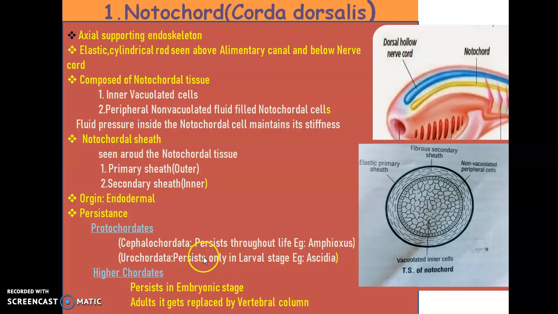Which means as this urochordate becomes adult, we cannot see that particular structure. While in the case of higher chordates or vertebrates, they persist only in the embryonic stage, which means that when they become adult, this particular structure is replaced by another structure that is called the vertebral column. Okay, so that's all about the notochord.